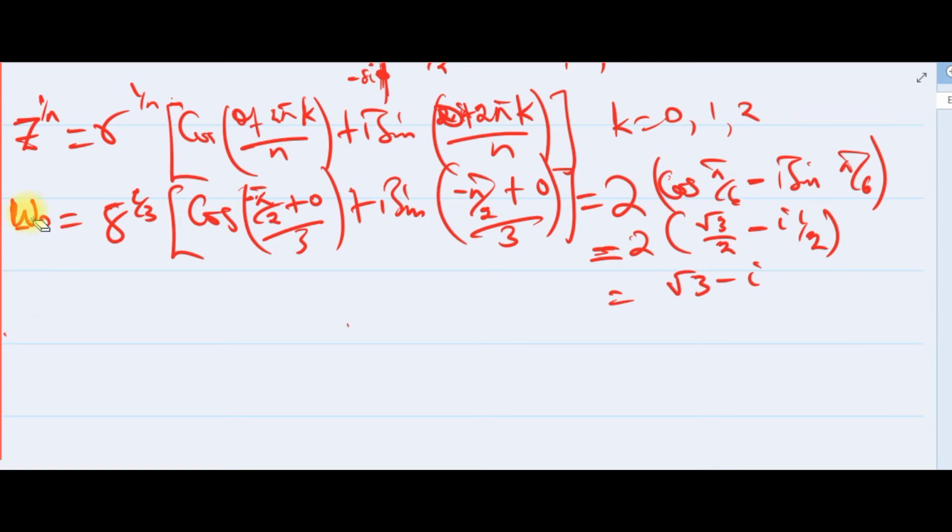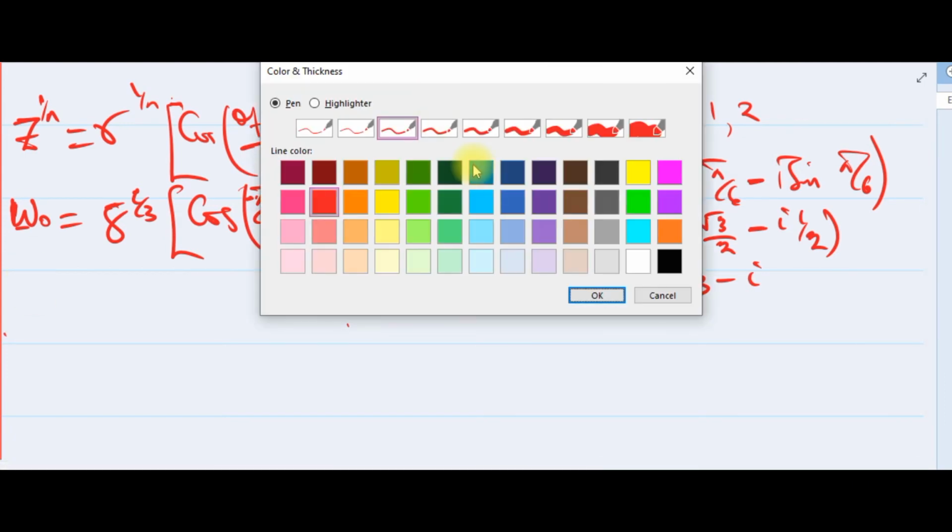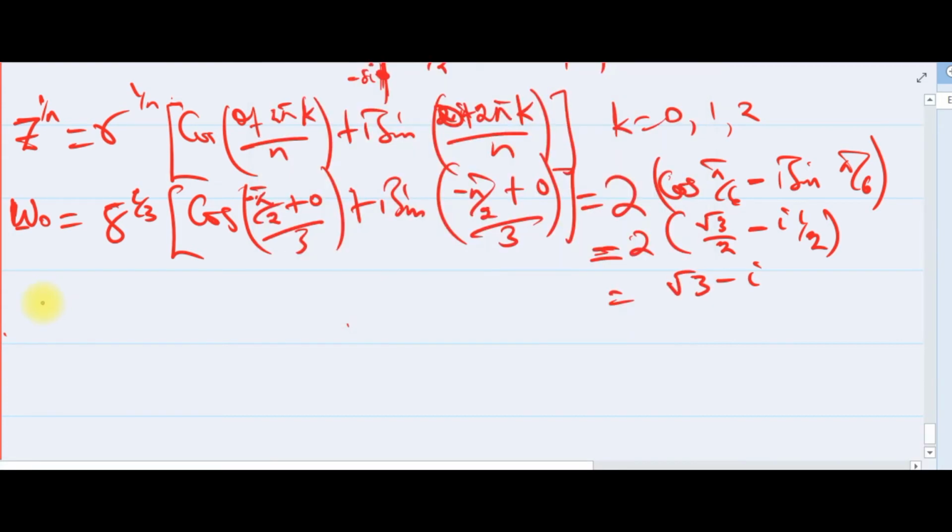We don't need to waste time on the second and the third one, since we've gotten the first argument. Theta 0, when k is 0, is minus pi over 6. For k equals 1, theta 1 is minus pi over 6 plus 2 pi over 3. You don't need to waste your time: each of them differs by 2 pi over n, and n is 3.